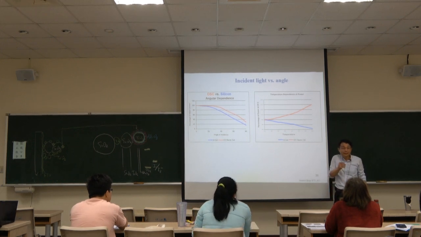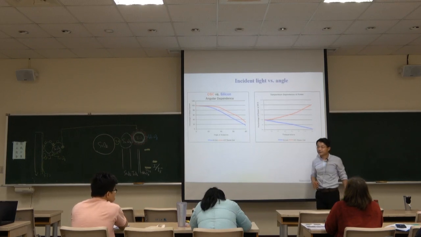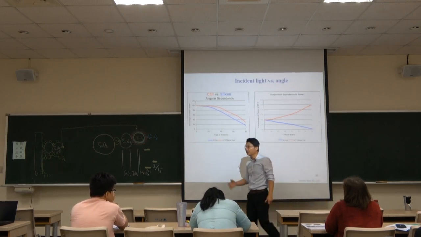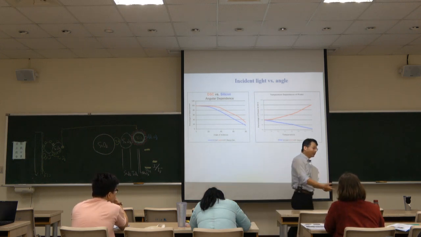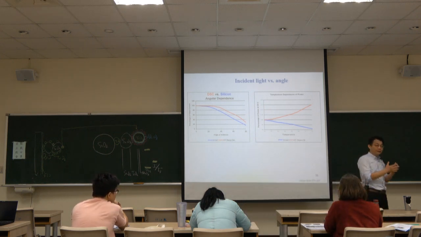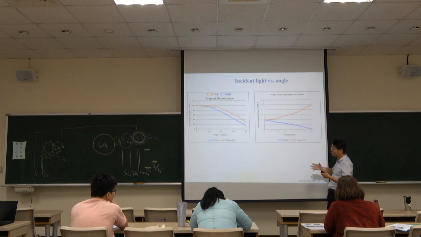So it looks like an aging process, an annealing aging process. If you find that after the solar cell has been installed for a long time, the power output progressively drops.